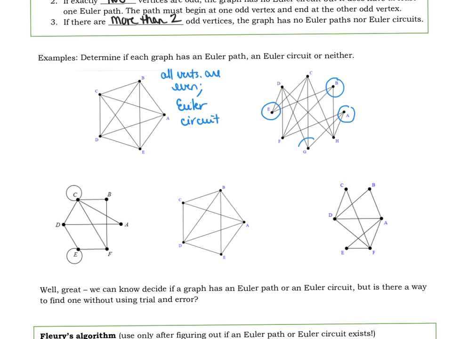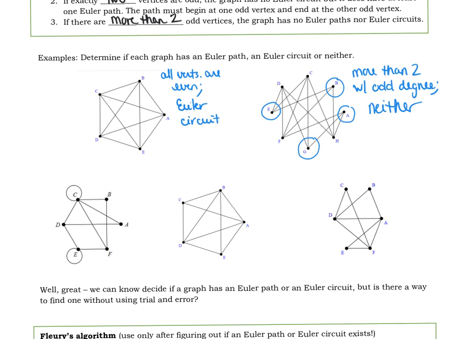F has degree 4, G also has degree 3, so we're talking more than 2 with odd degree. And so this has neither an Euler path nor an Euler circuit. Once we found the third one, we could have called it game over, but I was just being thorough and making sure we get all of them in case you were looking at them in a different order than what I was.